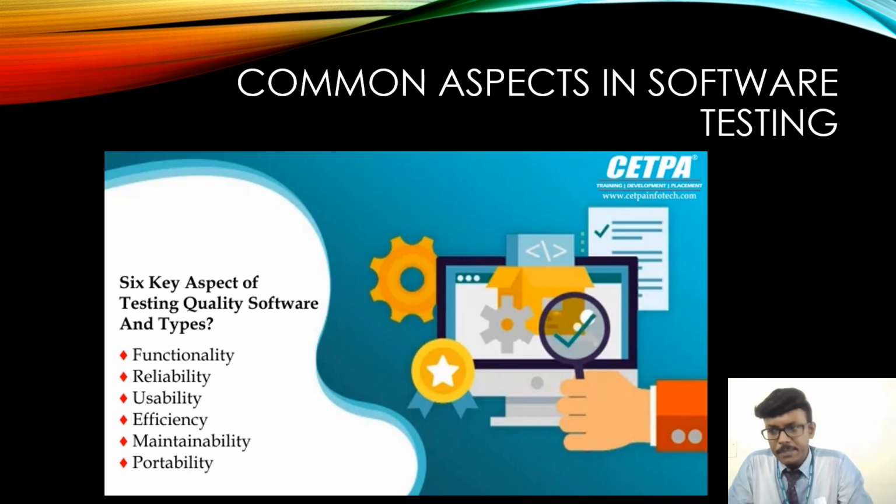In validation, are we doing the right things? Based on the requirements, are we creating the product or not? That comes under validation. So verification and validation, these two terms are very important in defining the primary role of software testing. Okay, then let's talk about the various aspects of testing, quality software and its types.